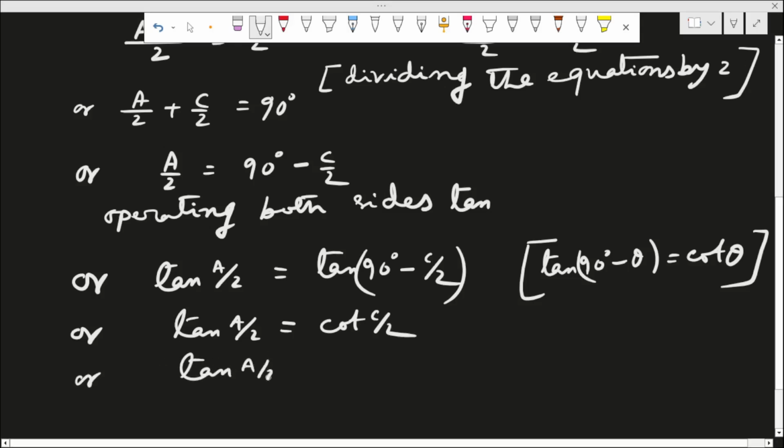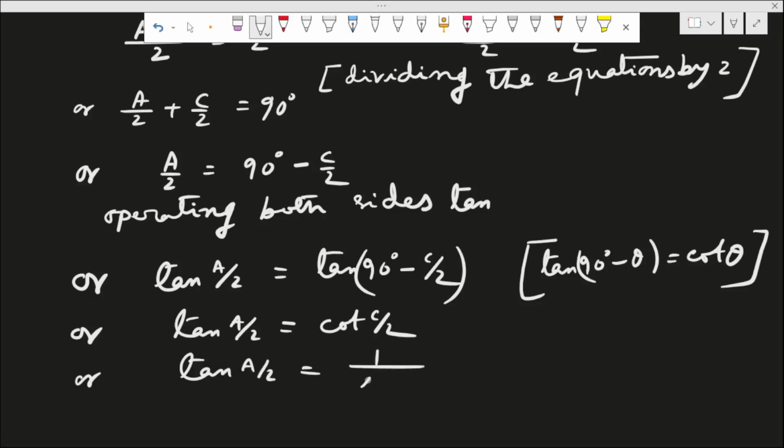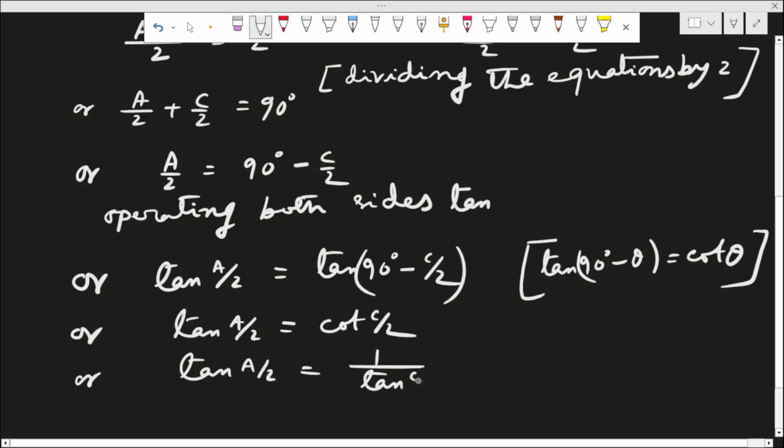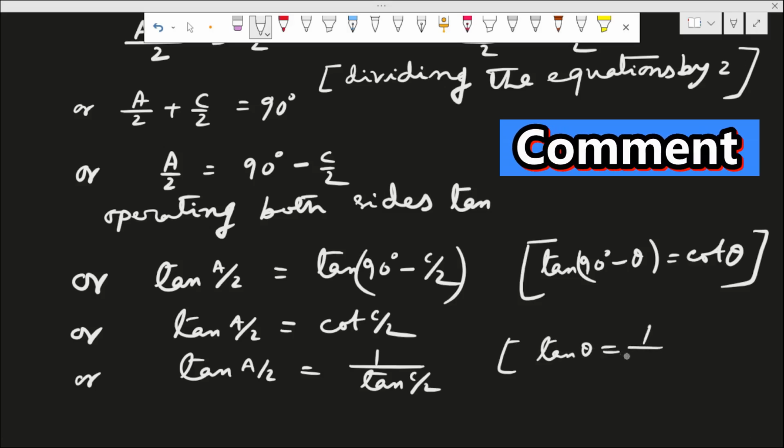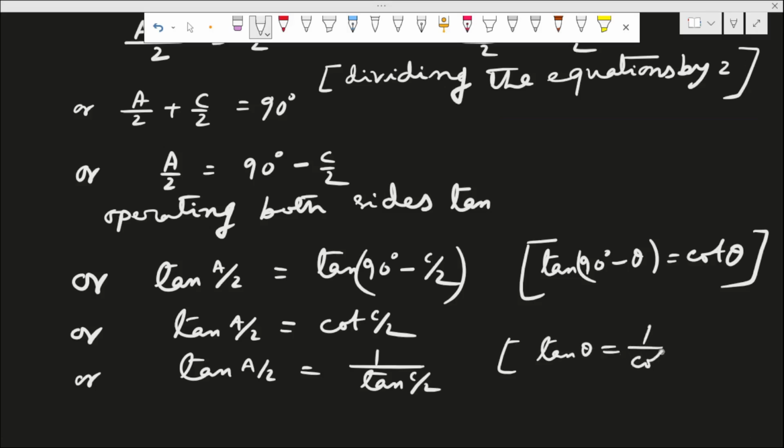or tan A by 2 is equal to 1 by tan C by 2, as cot theta is equal to 1 by tan theta.